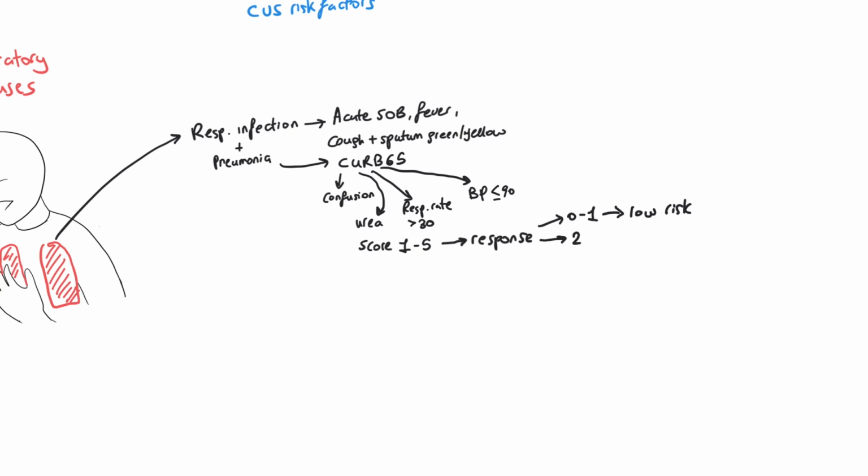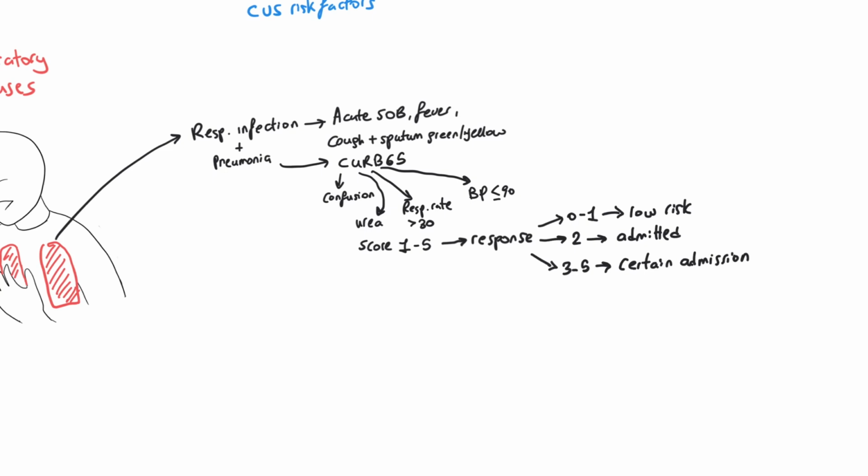If they score 2, there's an increased chance that they will need to be admitted to hospital, especially if they're elderly with a lot of comorbidities. And if they score between 3 to 5, you need to be much more sure that they need admission. So just say certain admission.